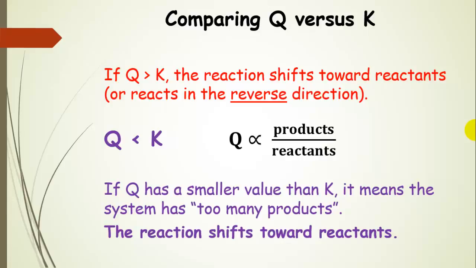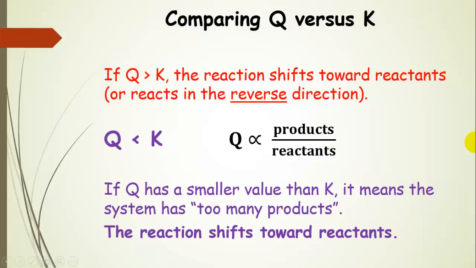I like to write out this expression for myself to remind myself, products over reactants. Now, what happens if Q is greater than K? That means Q is larger than K, and we can rationalize this as having too many products. So if Q is larger than K, then we have more products than we would have at equilibrium, or too few reactants. You can think about it either way.